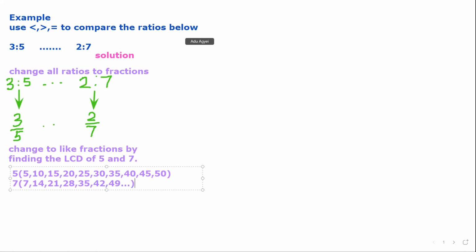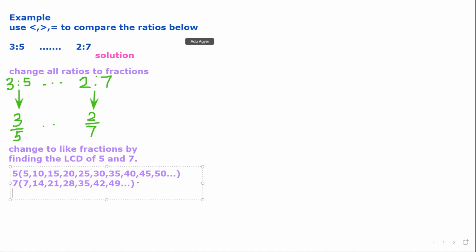You can continue later because multiples have no end. Okay. So here too, you must leave indicators to show that there's a continuity of that. The multiples have no end and they are endless.